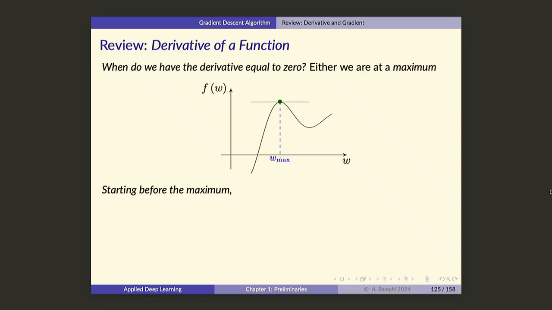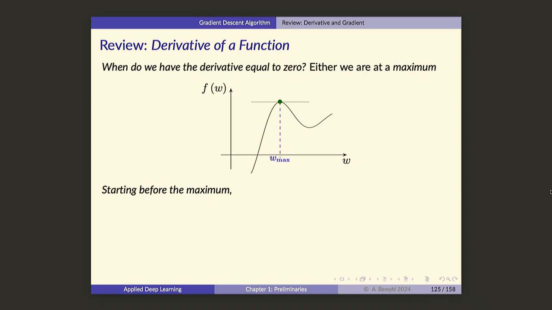Now, my function has a maximum, so let me look at this. So say this is the maximum point, you see this w max here, yeah? When I am starting from any point before this w max, and I move forward, what is the sign of the derivative?